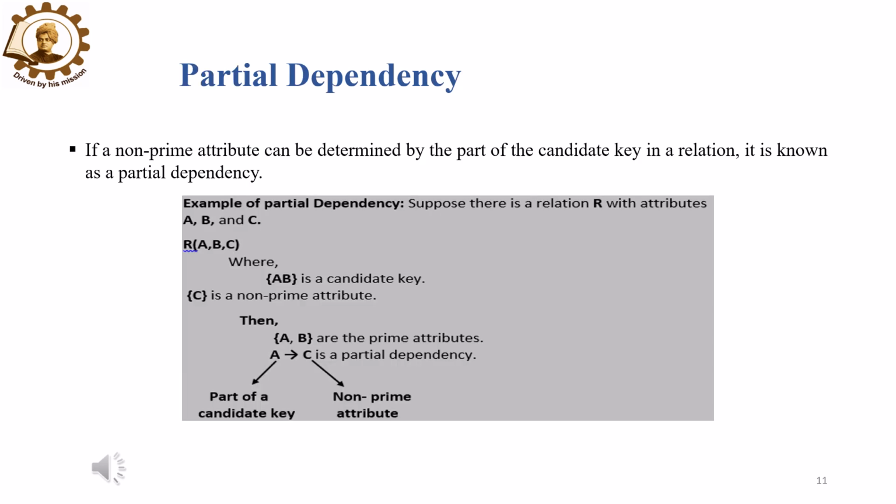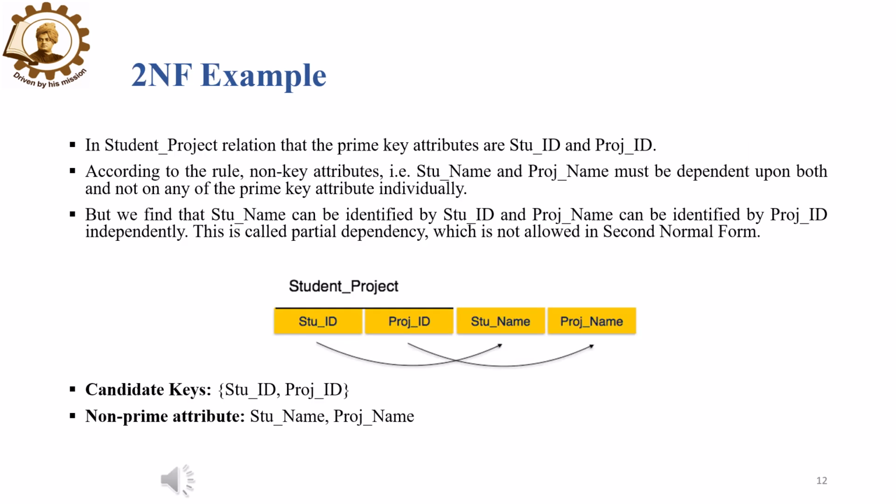Partial dependency. A partial dependency occurs when a non-prime attribute is dependent only on part of a composite primary key. This violates 2NF. In this example, student name depends on STU ID and the project name depends on PROJ ID.